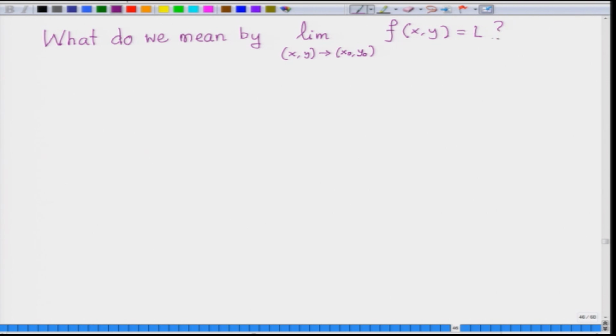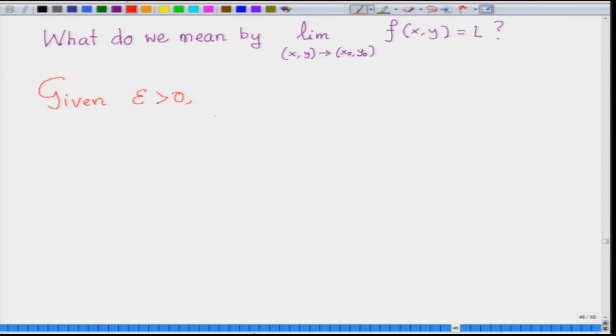What do we mean by this? This means, given epsilon greater than 0, so this is what I am writing in R2 first, then I will write in Rn.